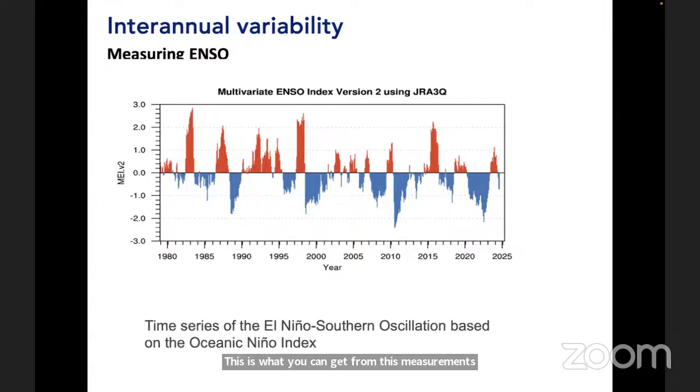So if you look, these are what we call anomalies, right? This is the difference between the mean and the observation for each year. The red ones are mostly El Nino years because it is warmer than normal, the index is higher. Blue, the index is lower, which means La Nina years.